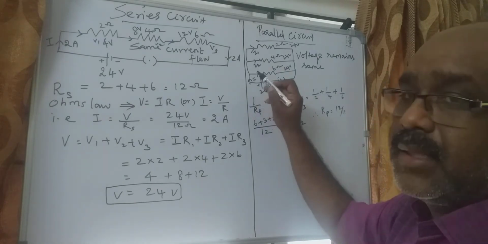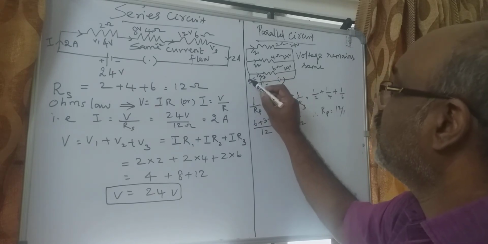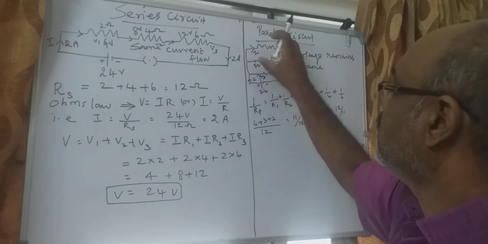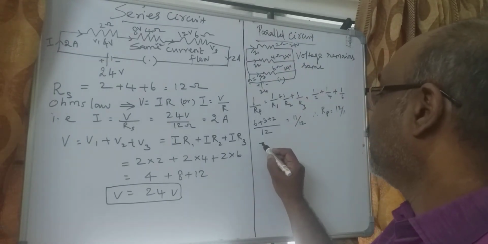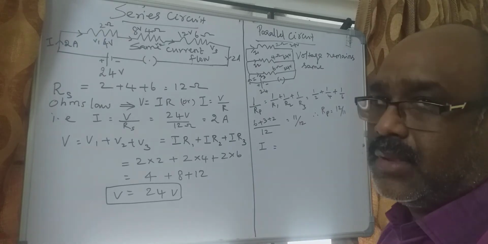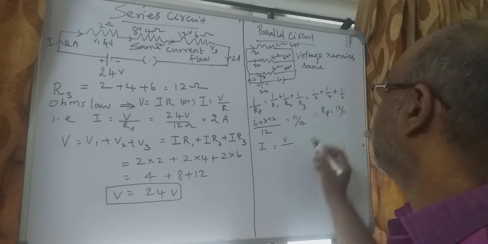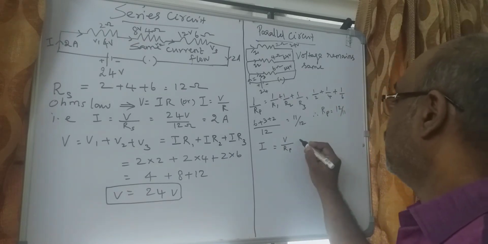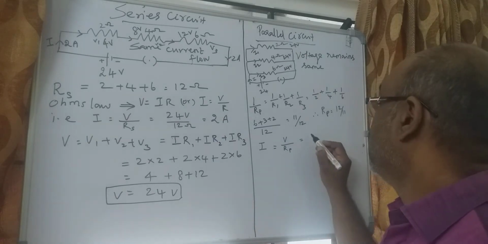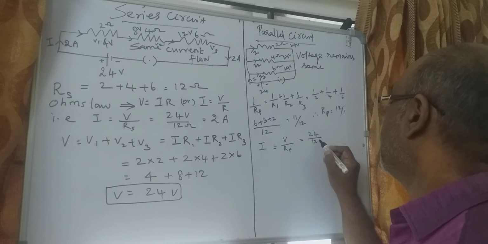Now let us find the current that flows in the circuit. The current here flows for the whole circuit. That is I in the circuit is equal to the voltage given divided by the total resistance Rp. Here the voltage is 24 and Rp is 12 by 11.